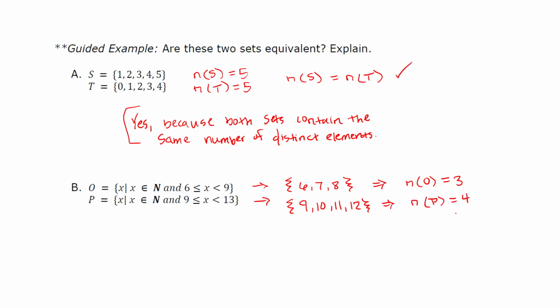So the cardinal number of O does not equal the cardinal number of P. Therefore, they are not equivalent.